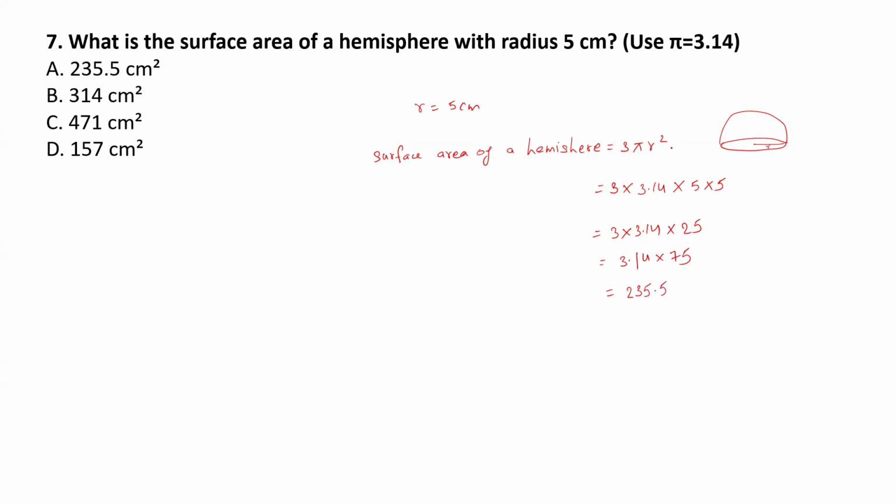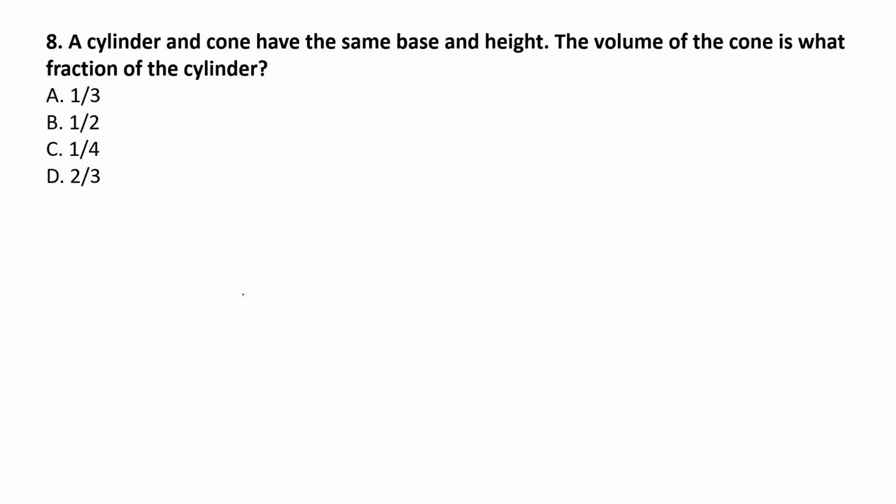Just check. R square. R is in centimeter, so centimeter into centimeter, that means centimeter square. This is the correct answer. Again, option A is correct. So you can see, if you know the formula, doing these problems is pretty simple.